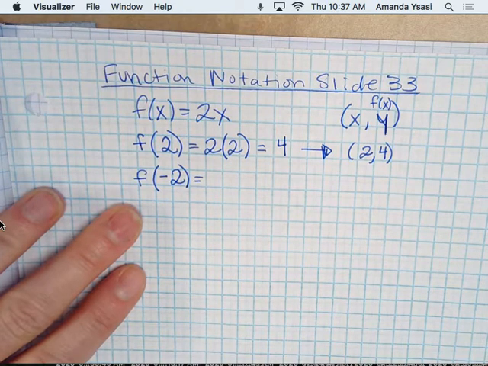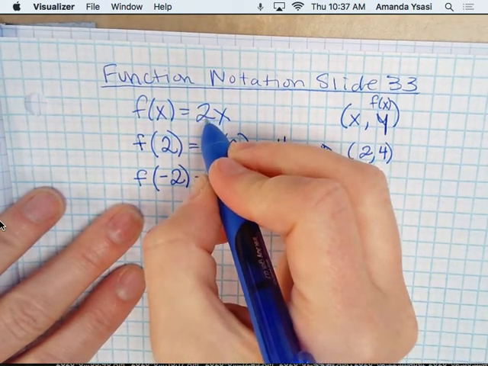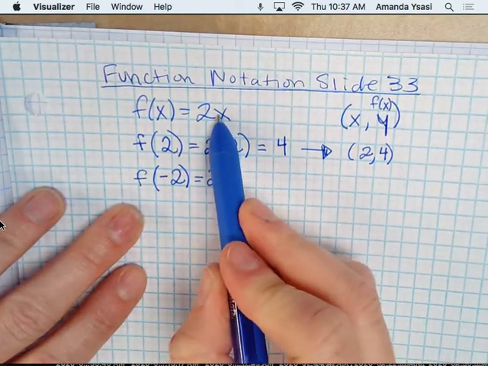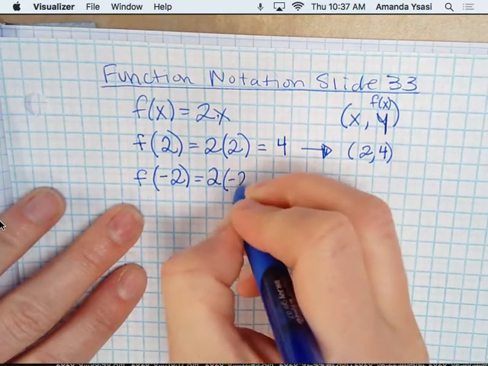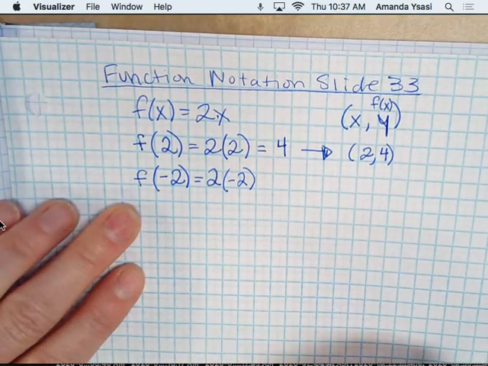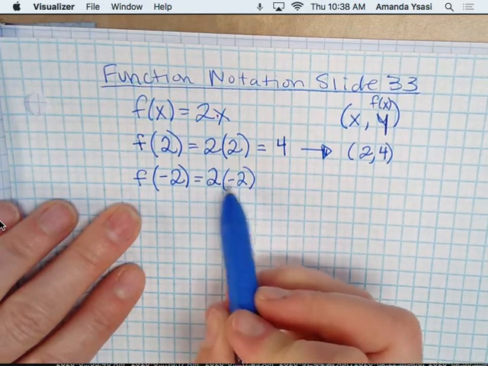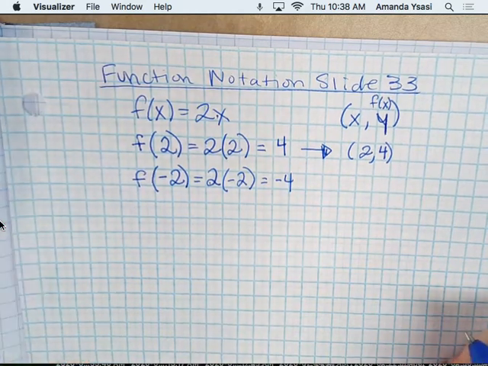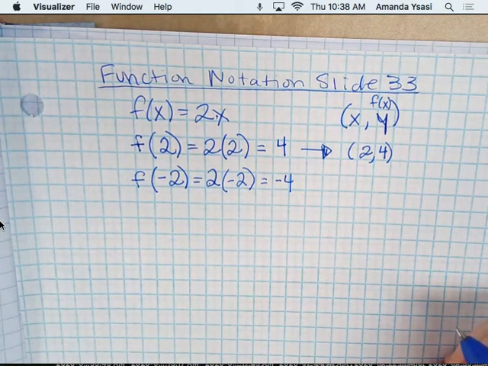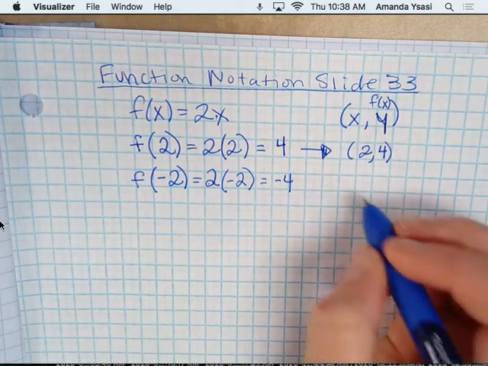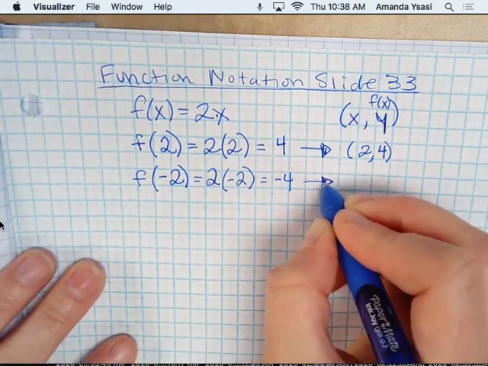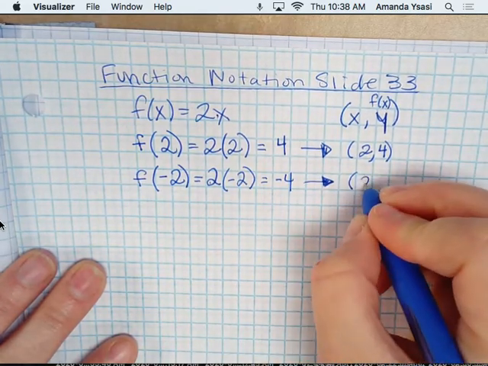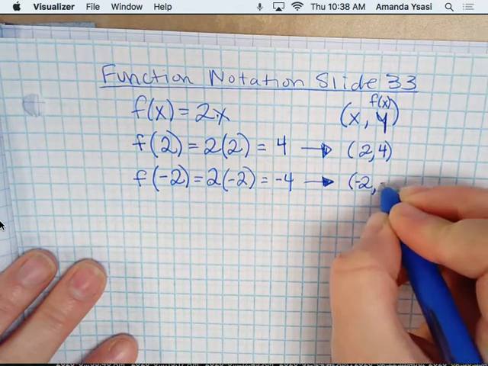If we do f of negative 2, I still have the 2 as part of my machine or my function, but in the place of x, I'm going to put parentheses negative 2. So I'm multiplying 2 times negative 2 and get negative 4. So then my ordered pair of what x and y are would be negative 2 and negative 4.